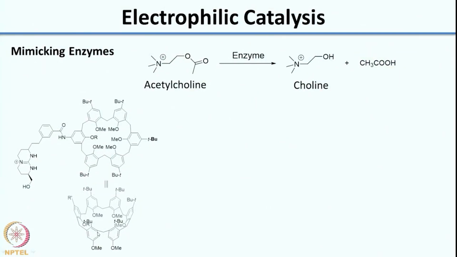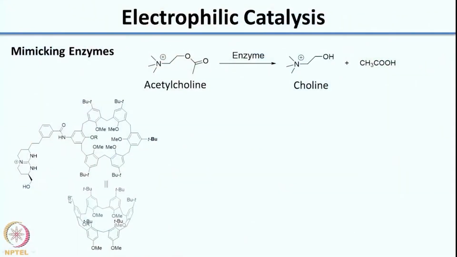So you have this bucket where you can think of inside the bucket it being lined with all these oxygen atoms, alright. And on the top of the bucket you have this linker. I have just shown this as R prime so that it does not look that crowded for you. So this R prime is this whole group here which can hydrogen bond, alright. So this is your structure of the catalyst which is made to mimic an enzyme.